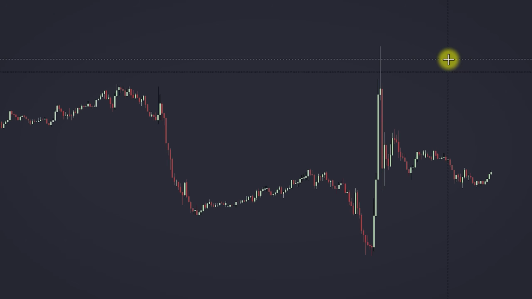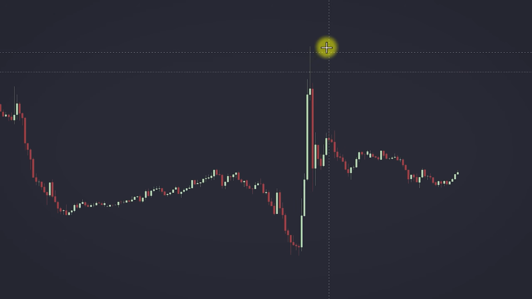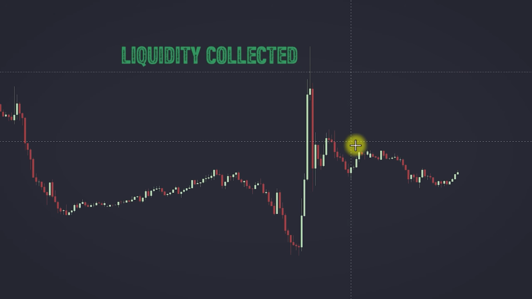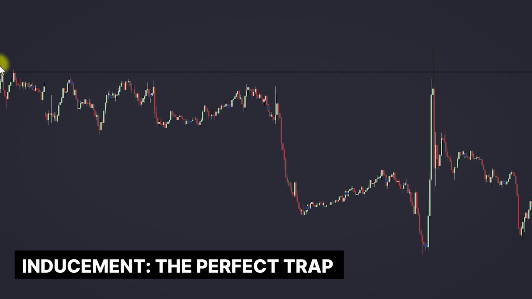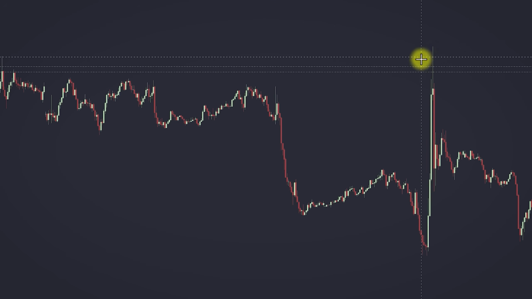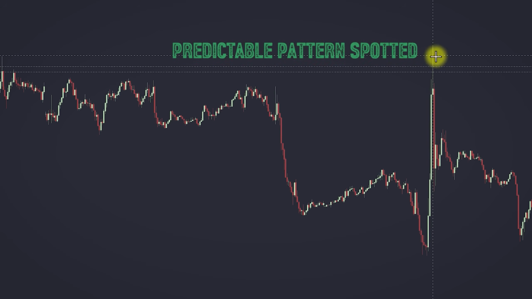They push price up to trigger all those stops, collect the liquidity, and then dump the market hard. This is called inducement. The market creates a seemingly perfect setup to lure you in, then traps you before making the real move. Most beginners see this happen and think they just got unlucky. But you're different. You're going to see it as a predictable pattern.